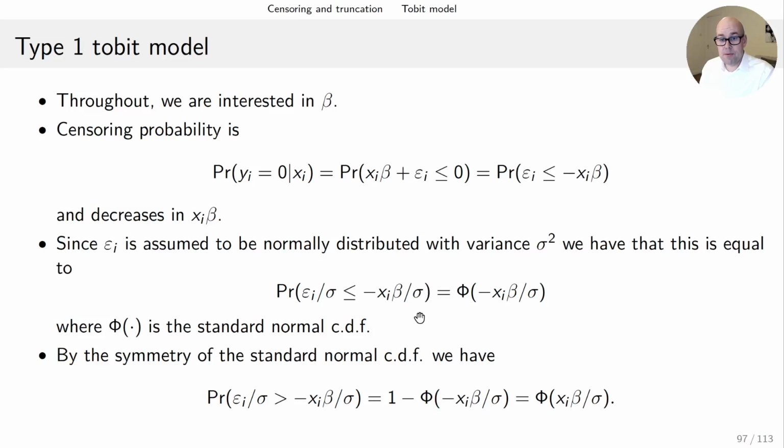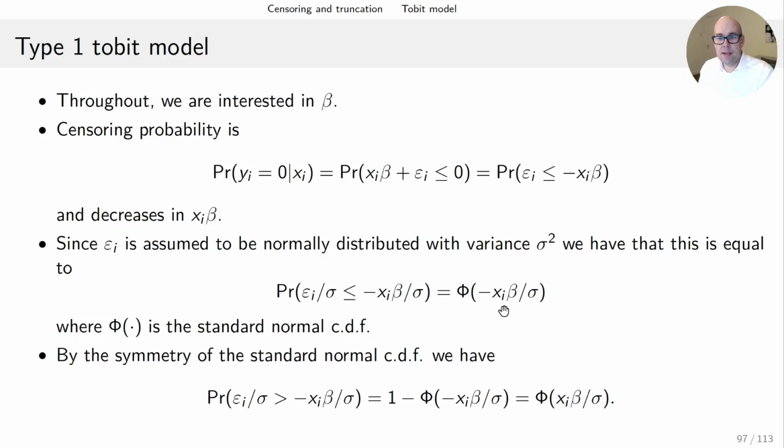So here we have these rescaled coefficients appear again, and that random variable, epsilon i divided by sigma, is now standard normally distributed, so we can use the standard normal CDF. So what we get is that the censoring probability is the CDF of the standard normal distribution evaluated at minus xi beta divided by sigma.